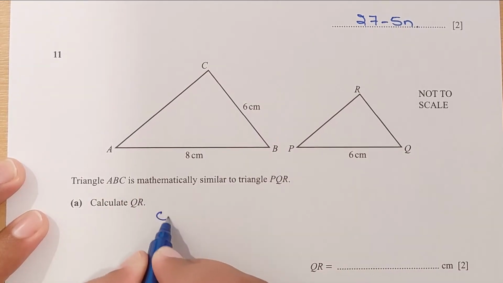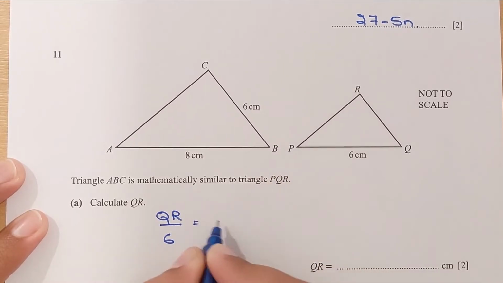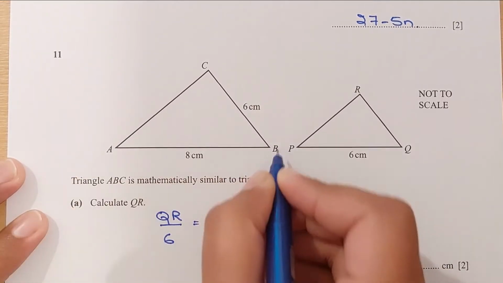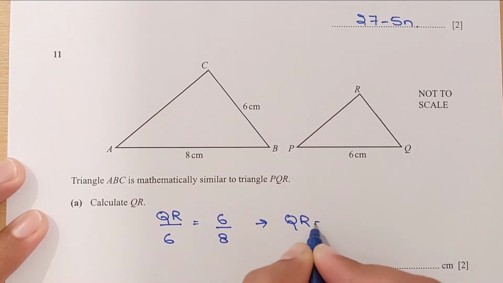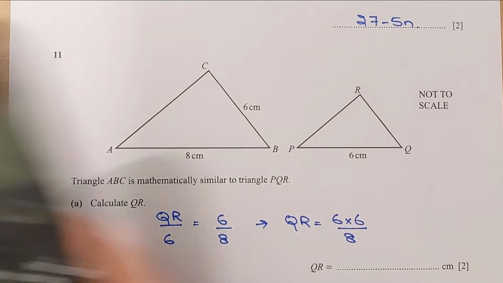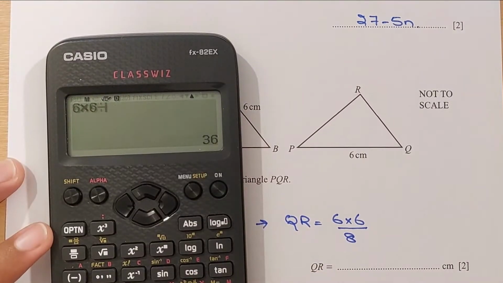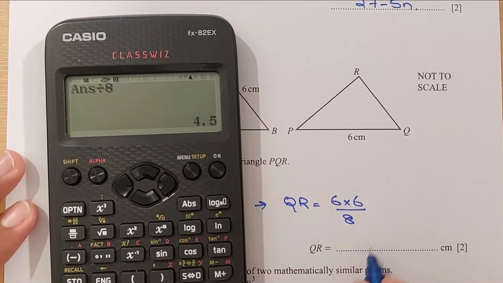Okay, so we can say QR over BC, that is 6, equals PQ, that is 6 centimeter, over AB, 8. So from here QR is 6 times 6 divided by 8. Right. 6 times 6 divided by 8 is 9 by 2, or we can say 4.5 is QR, 4.5 centimeter.